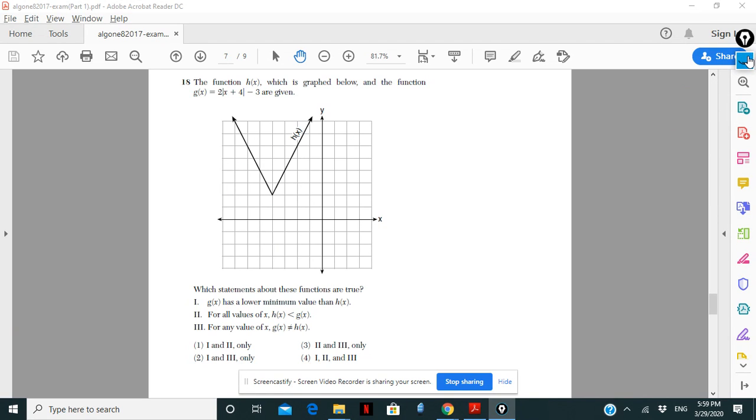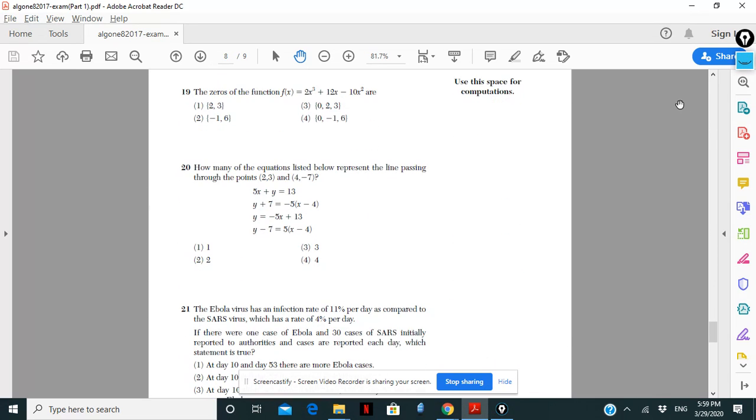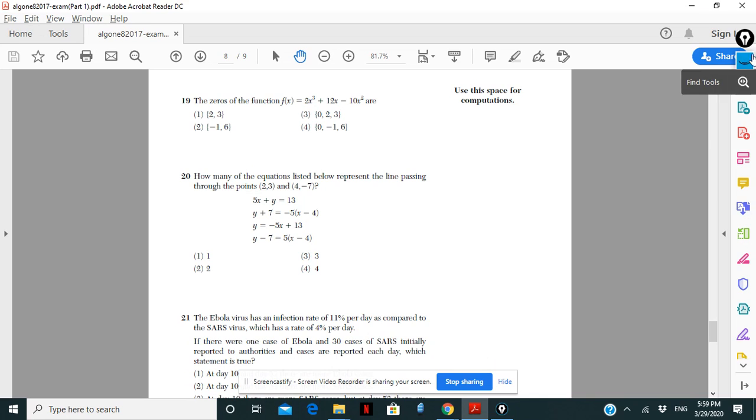Let's go for question number 19. The zeros for the function. Here I'm going to factorize.